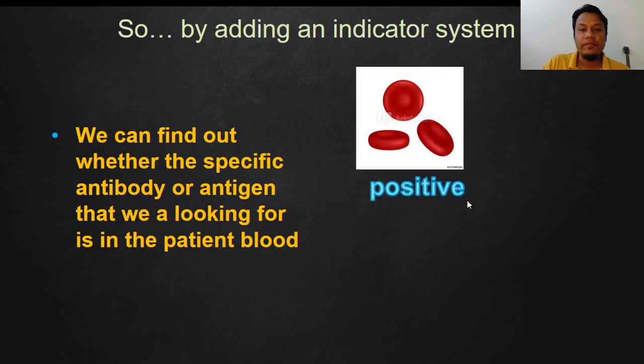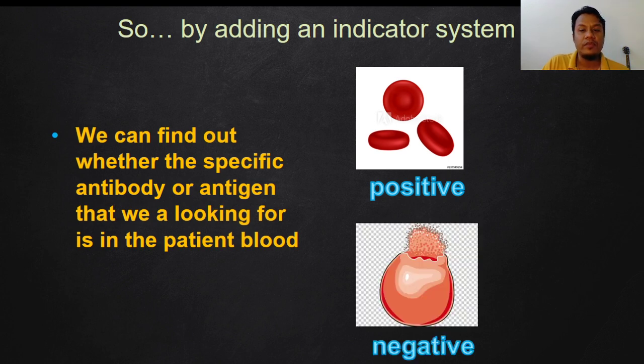If it is positive, the sheep RBC being used will stay intact. There is no hemolysis. This is positive. That means the patient is infected by the pathogen that we are trying to investigate. And if hemolysis is detected, the patient does not have the infection for the pathogen that we are testing for.